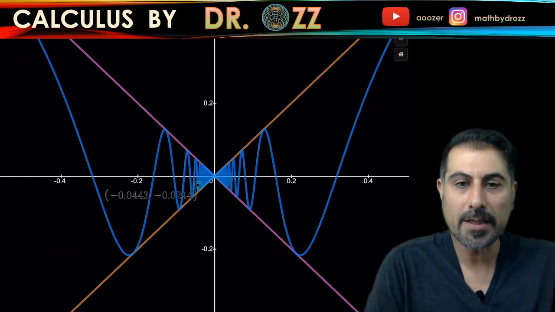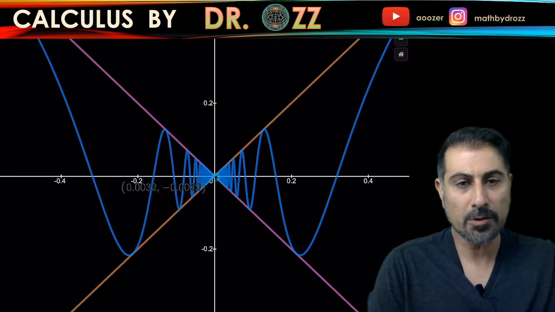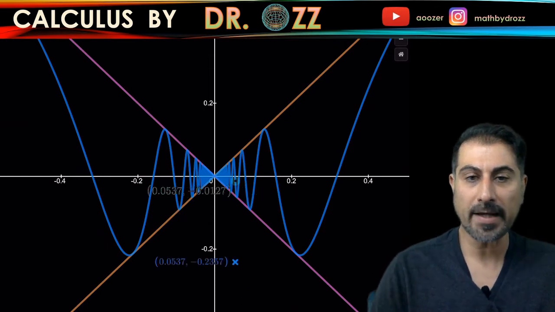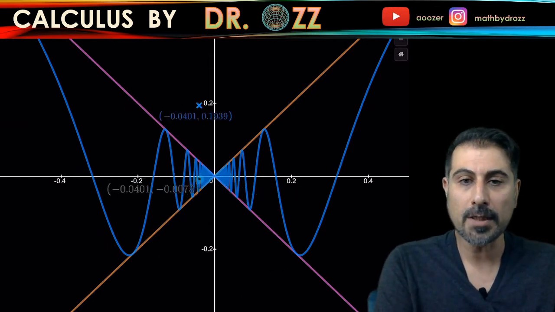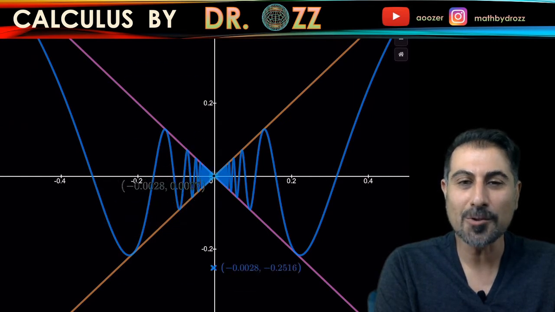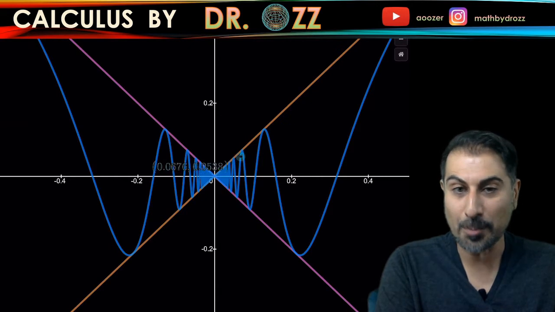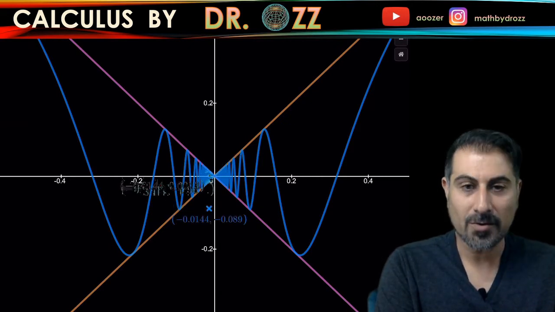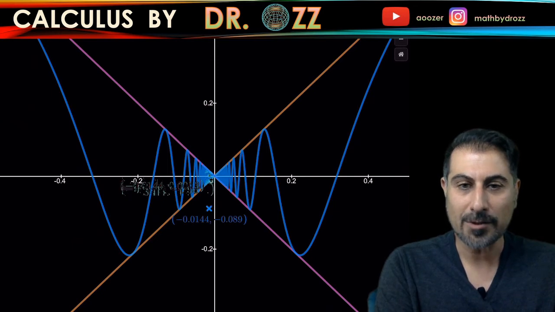The orange and the purple ones are the graphs of y equals x, just one line, and y equals negative x, that's another line. As you see, the blue graph is squeezed in between two lines, especially around the origin where the limit point is. The function values are squeezed to 0.